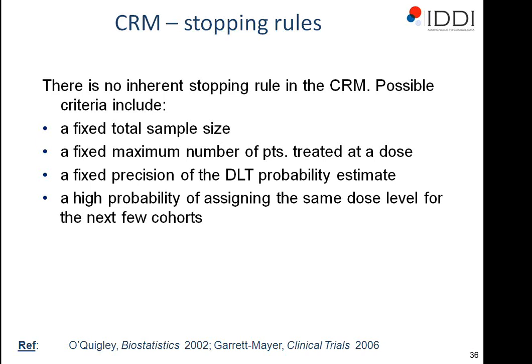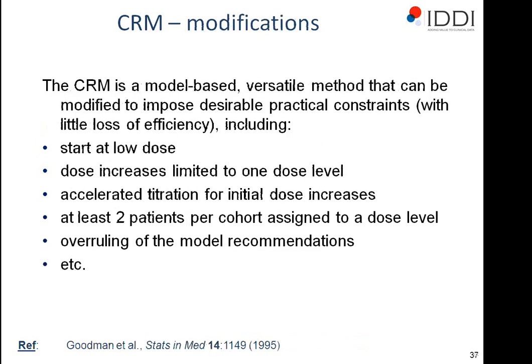And you can also have a rule which says that if the probability of assigning the same dose level to the next, for instance, 4 cohorts is high, like 95%, which means that you wouldn't really change your dose anymore, then you can stop. And this essentially means that you've reached your MTD. So any of these rules can be applied, and they differ only in the ease of implementation and in the expected sample size.